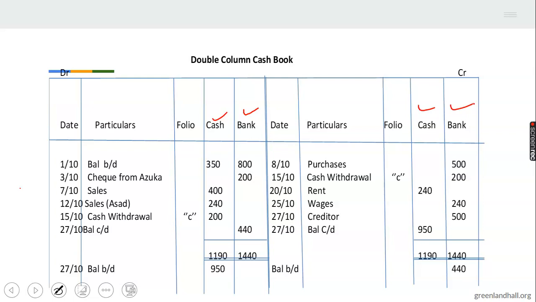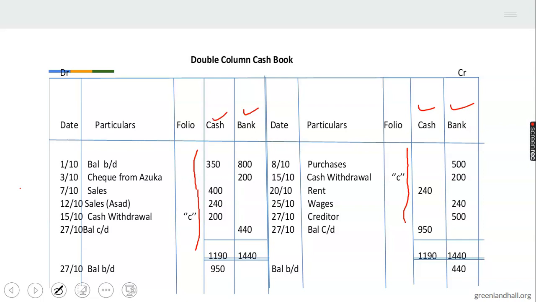When we add the cash column, that is all those items under the cash column here, add them together, and then add those under the cash column here, add them together. Then we have to consider the one that is greater. The one that is greater, we are going to take away the one that is lesser from it.